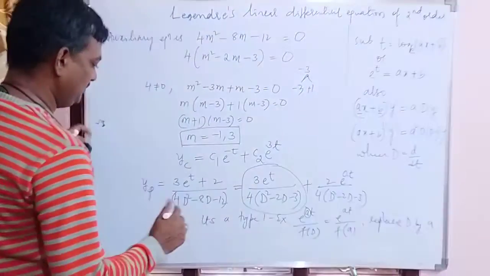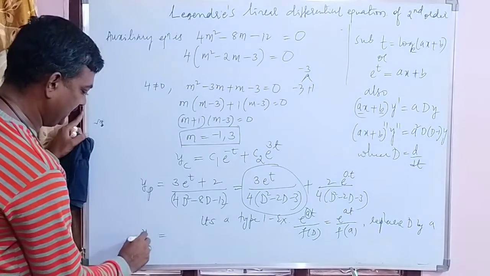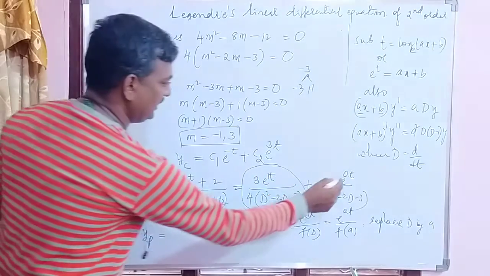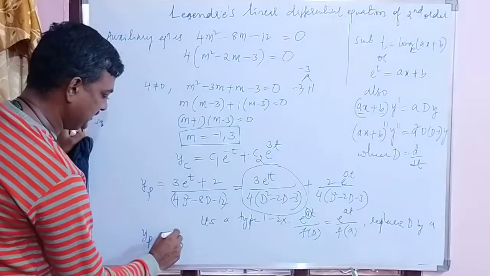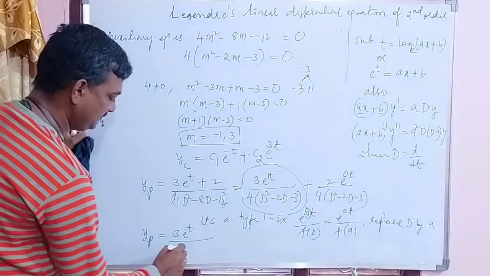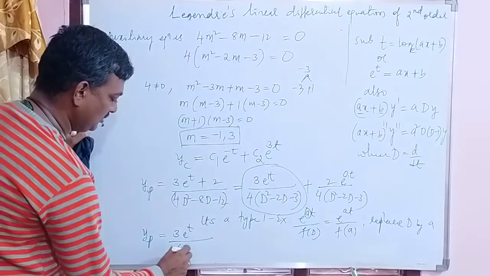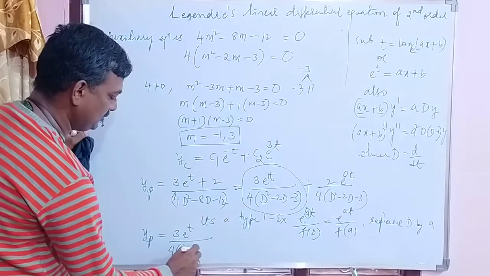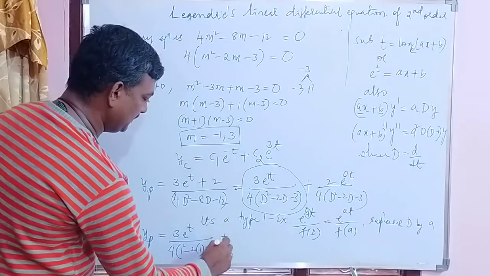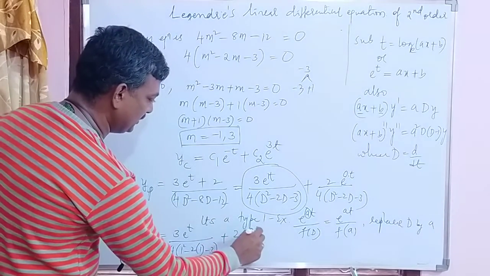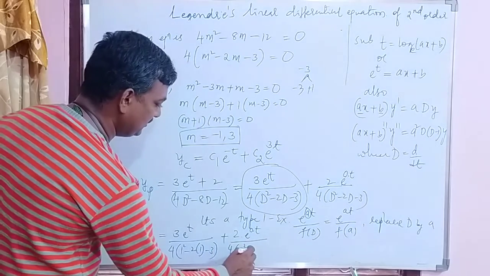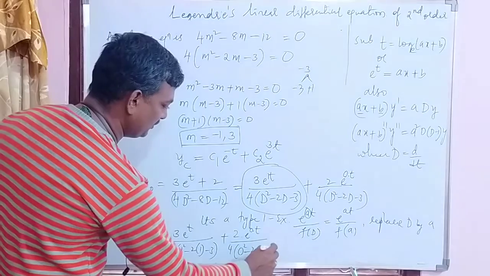Okay. So now it will become yp is equal to, replace d by a value, which is 1 here, and 0 in the other. So this is 3 e raised to t divided by 4 times 1 square minus 2 into 1 minus 3, plus 2 into e raised to 0 into t divided by, replace d by 0 here, 0 square minus 2 into 0 minus 3.